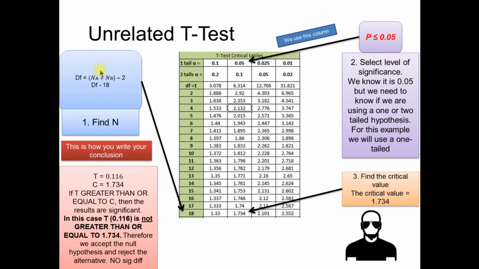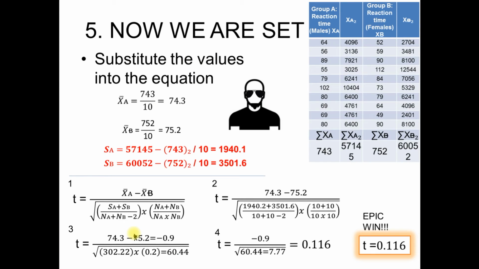Our T then is 0.116, our critical is 1.734, T is not greater than 1.734, and therefore we accept the null hypothesis, we reject the alternative, and we say that there is no significant difference between the reaction times of males and females, which is actually what you would expect to find in such a study.